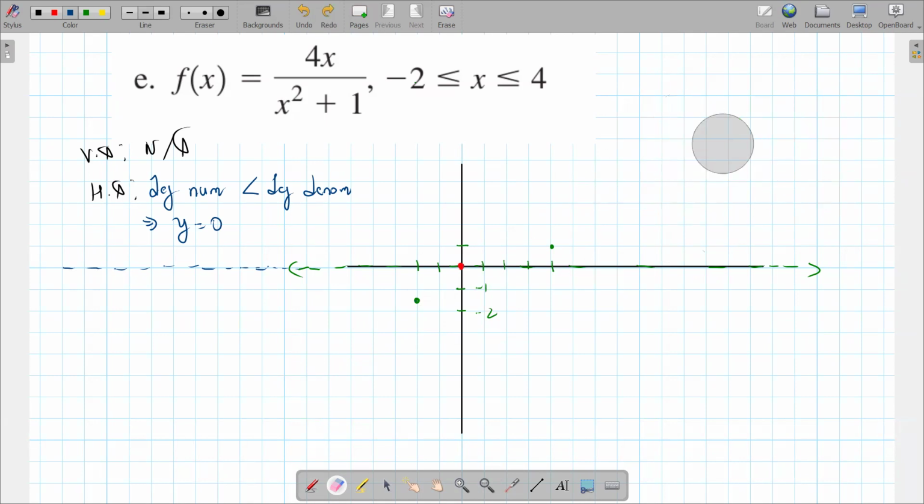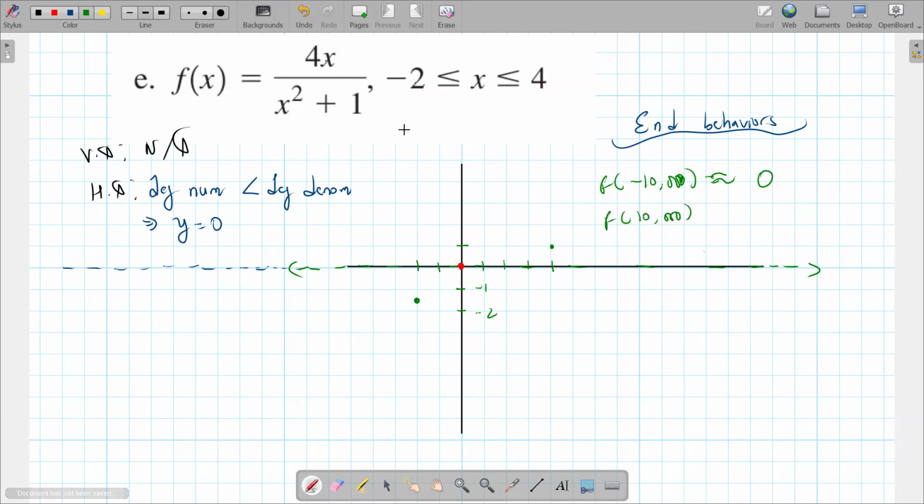What we do is plug in, so this is called end behaviors. We want to know where this function is coming from. You just plug a very large negative x value in here. If I plug f of negative 10,000, I will get something close to 0. If I plug f of positive 10,000 in this function, it's going to be close to 0 because the denominator increases way quicker than x.